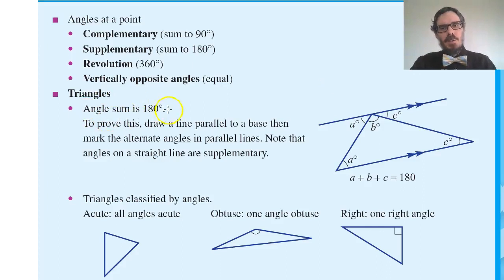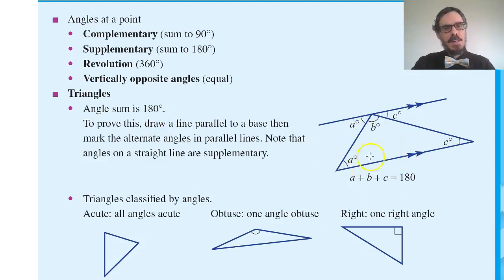Inside any triangle, the sum of the angles is 180. Now it says you can prove this. This is a lead up for specialist maths, so I will talk a bit about proofs. To prove that the angles in a triangle add up to 180 degrees, draw a line parallel to one of the sides. Then this angle must equal this angle.